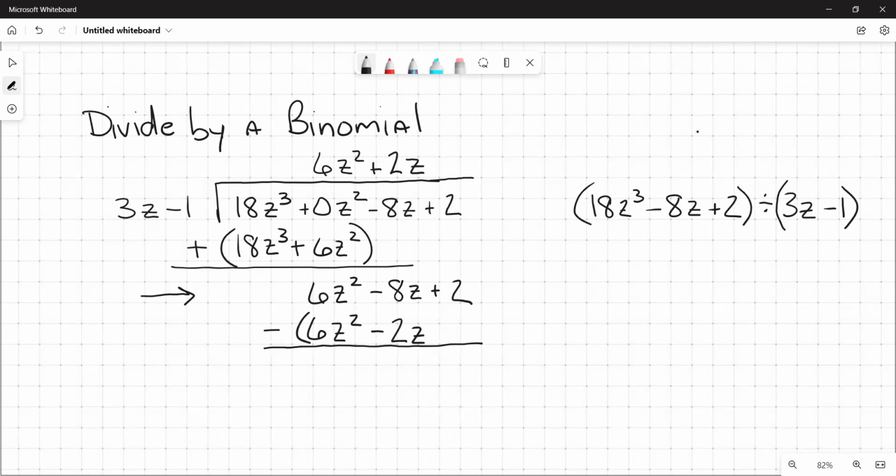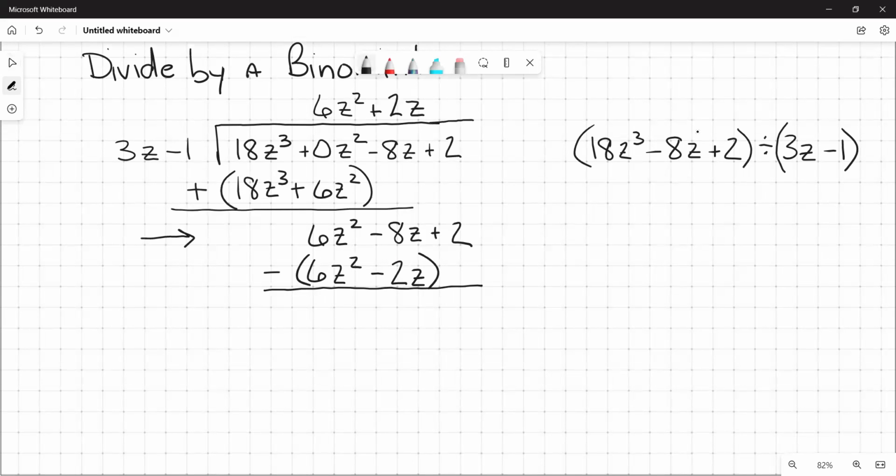Subtracting again. The 6z squareds cancel out. The negative 8z, and we can keep, change, change. So we got negative 8z plus 2z. So that's negative 6z plus 2.